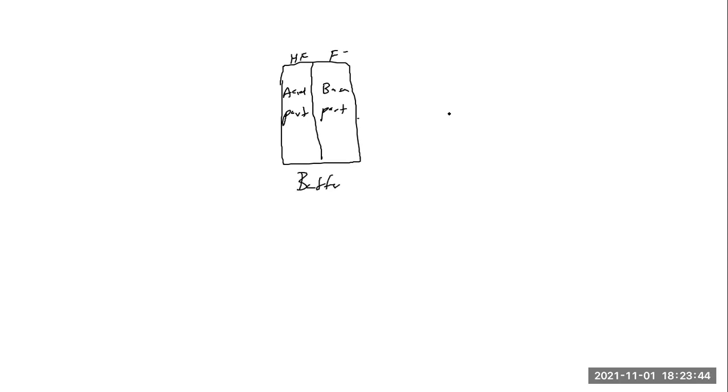So visually, if you were to make a buffer, maybe you make a buffer with pretty much equal parts of the acid part of the buffer, like our example HF, and the base part of the buffer, like our example, the F minus. And when you add acid, it will react with the base part of the buffer, but will then make more of the acid part, in my exaggerated drawing here. Acid part goes up, very exaggerated.